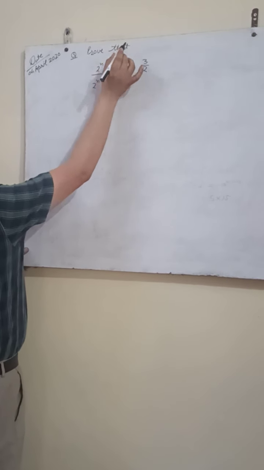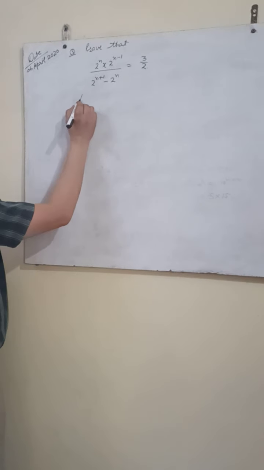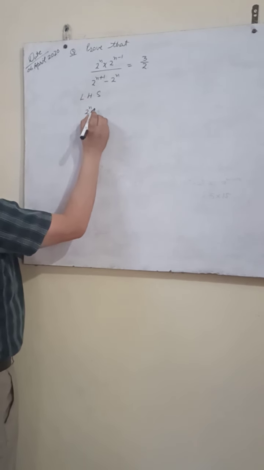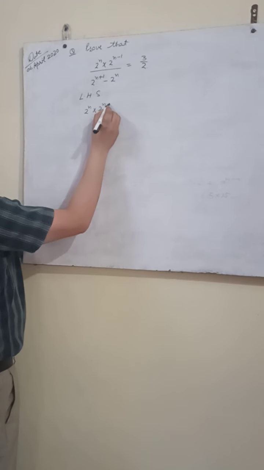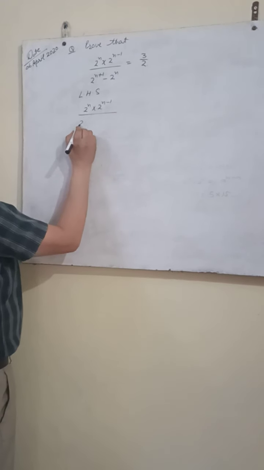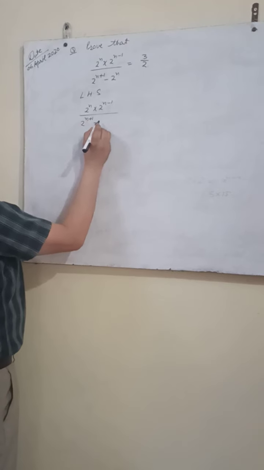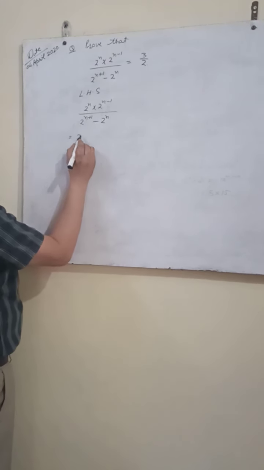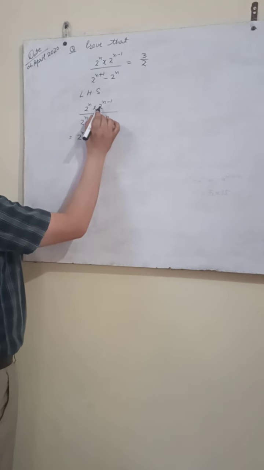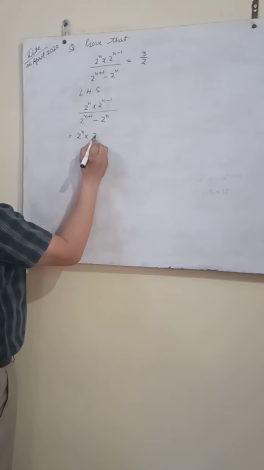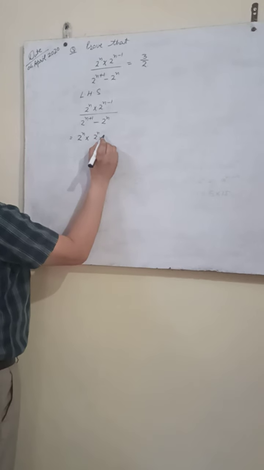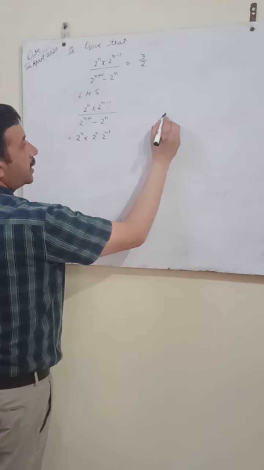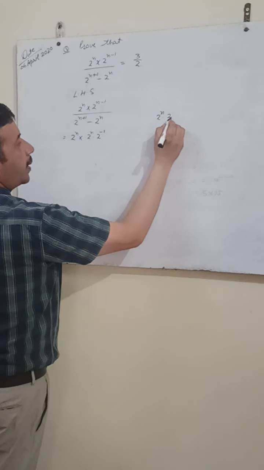Okay. So we take the left hand side: 2 power n into 2 power n minus 1 upon 2 power n plus 1 minus 2 power n. It is equal to 2 power n into, we can write 2 power n minus 1 as 2 power n into 2 power minus 1, because here you should see 2 power n into 2 power minus 1.